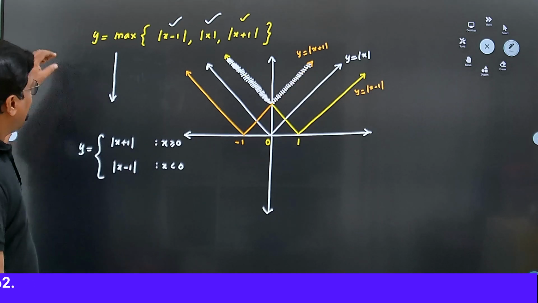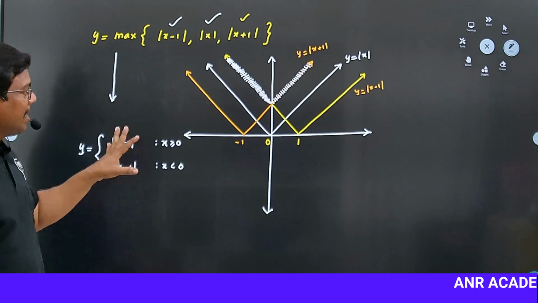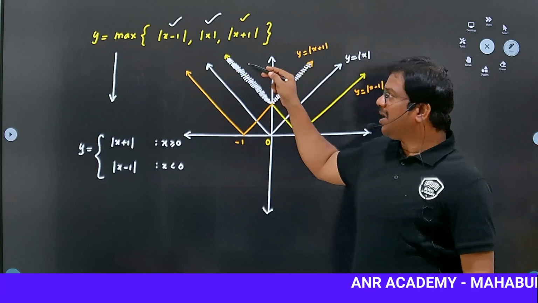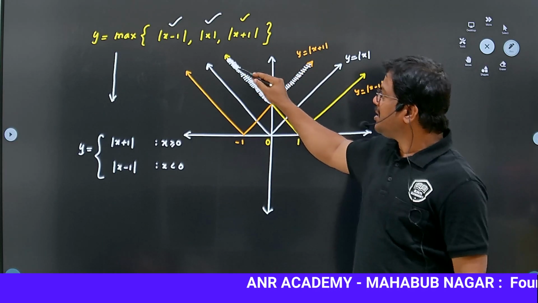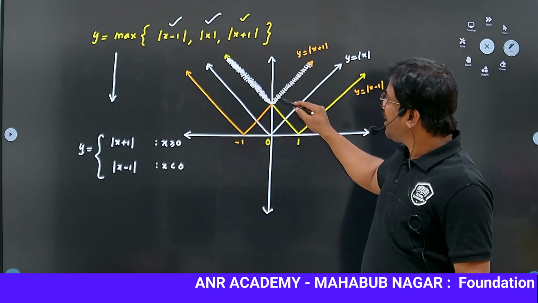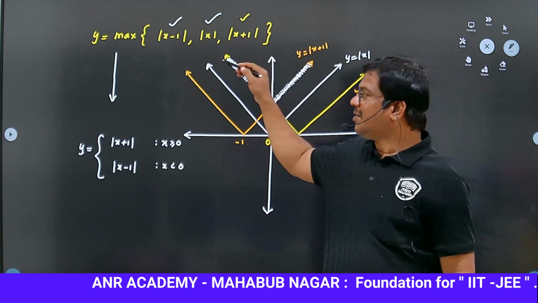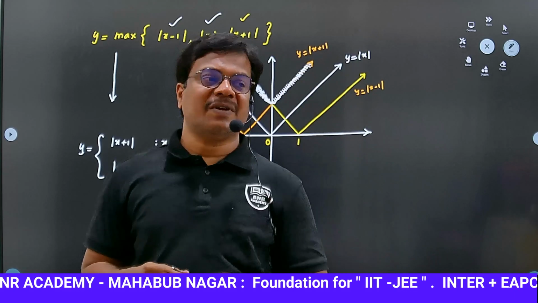So you can rewrite the given question in this way, and clearly the maximum portion of the given three modulus functions is shaded. This is the part of the graph of y equal to the maximum of the given three modulus functions.